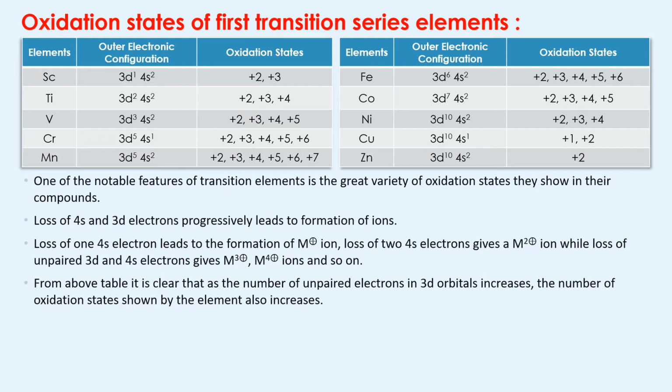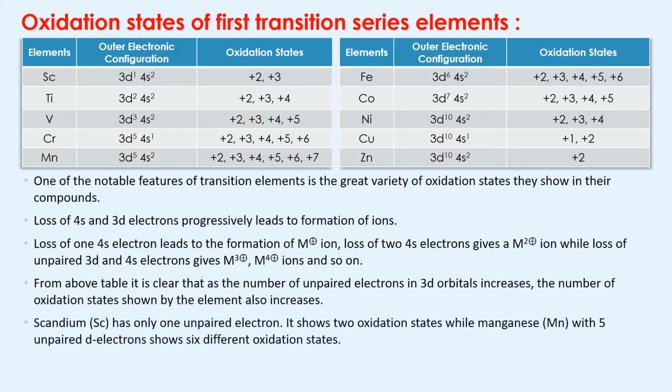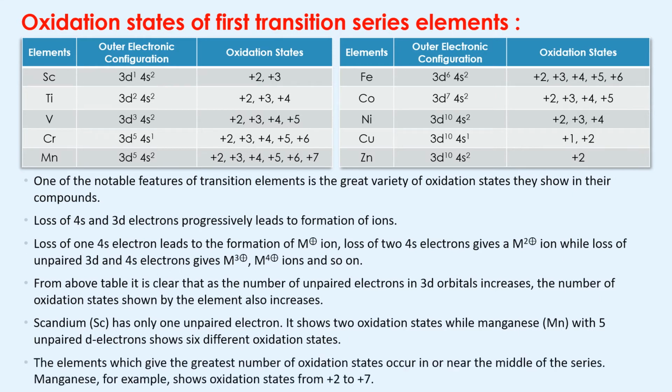Because they can lose electrons from 4s as well as from the unpaired 3d orbital. So scandium, if you take the example, has only one unpaired electron and it shows 2 oxidation states, while manganese with 5 unpaired d orbital electrons shows 6 different oxidation states. So these are the reasons why scandium shows only 2 oxidation states and why manganese shows 6 different oxidation states.